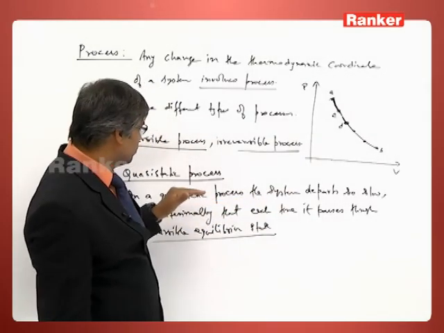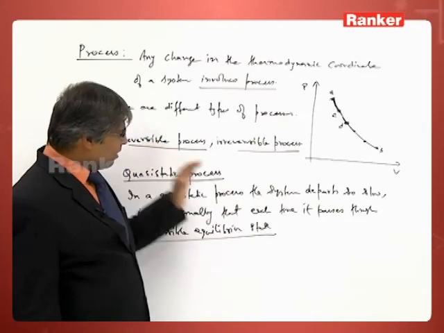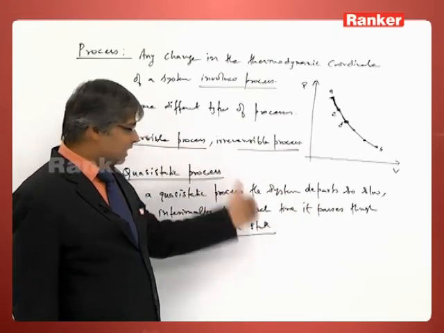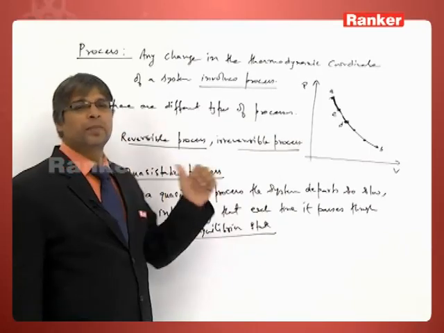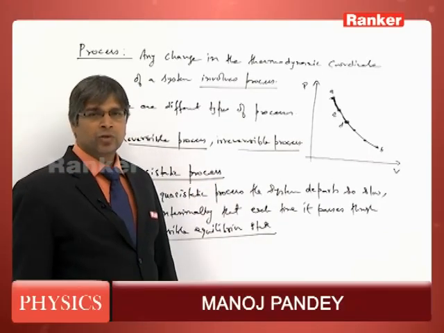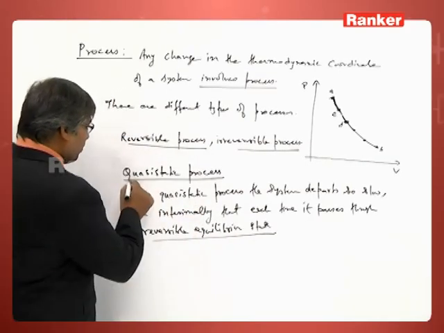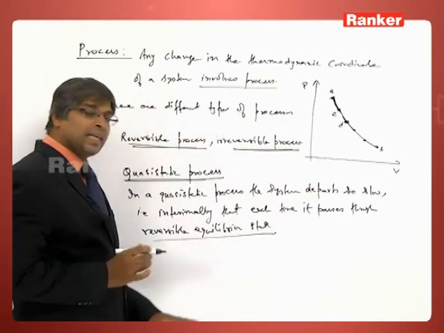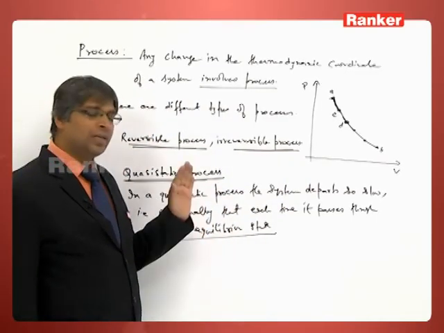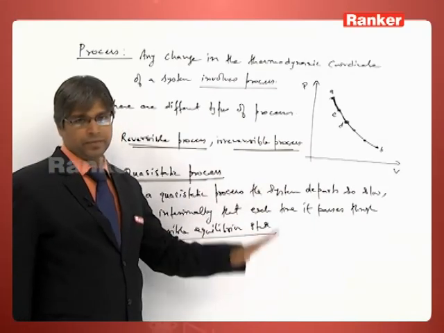Unless stated, in our whole thermodynamic study, which we will study in intermediate classes, all the processes are assumed to be quasi-static. So in order to define quasi-static, we must know what is reversible and irreversible, and nearly all the processes which we will learn in thermodynamics will be quasi-static unless stated.